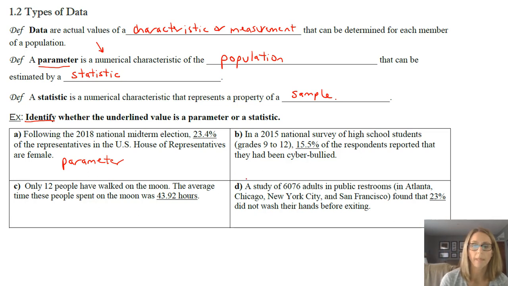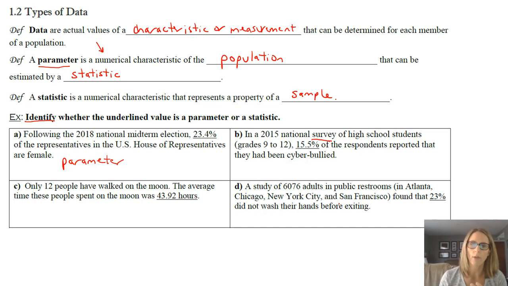Coming over to B, in a 2015 national survey of high school students, 15.5% of the respondents reported that they had been cyberbullied. So in a case like this, you want to consider the word survey. You want to think about high school students, and if you think about national, which is the US, high school students, there are millions of them.